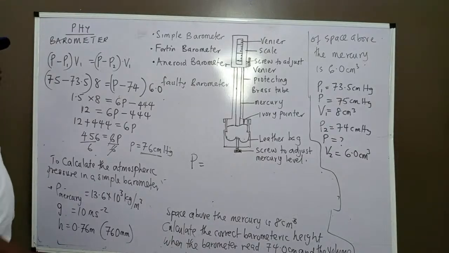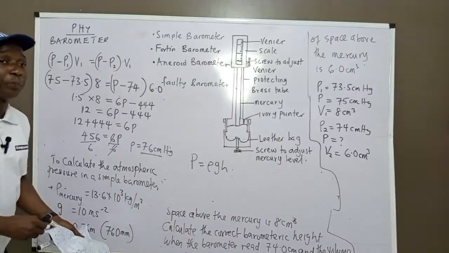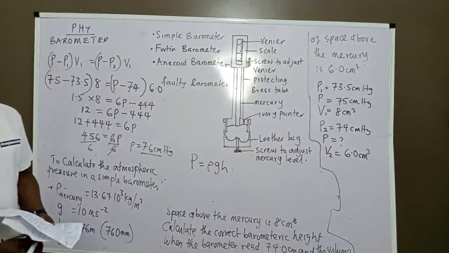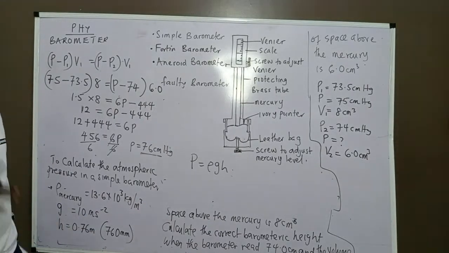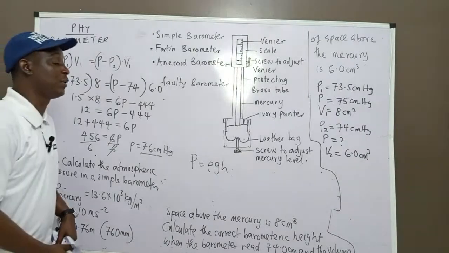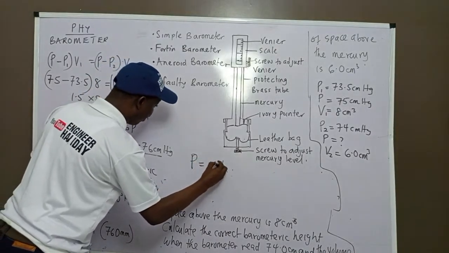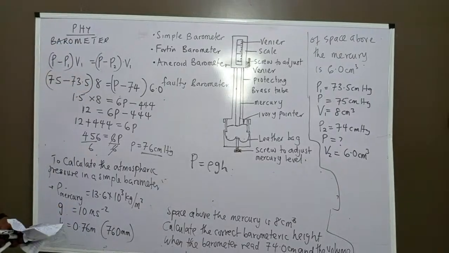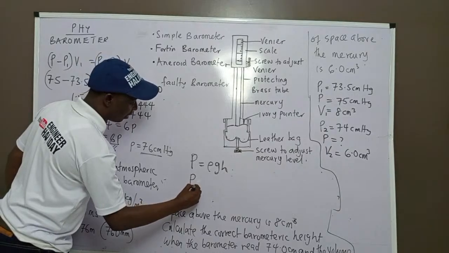Atmospheric pressure equal to rho g h. This formula can also be called the formula that shows the relationship between the air pressure and the atmosphere, the pressure at a particular hill or mountain.